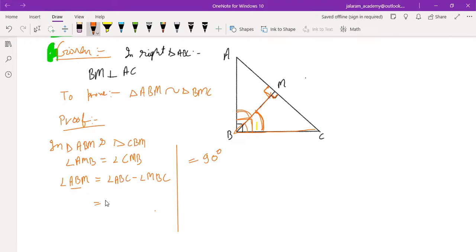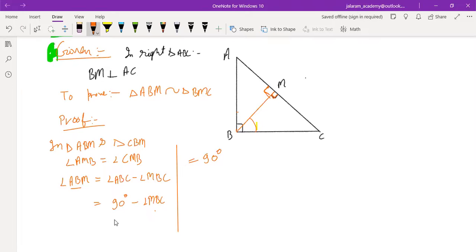Now angle ABC, what is the value of angle ABC? We all know angle ABC is a right angle. As angle ABC is a right angle, its value is 90 degrees minus angle MBC.